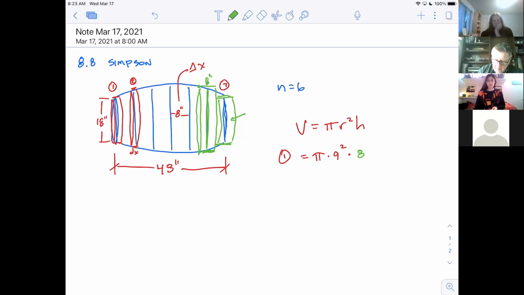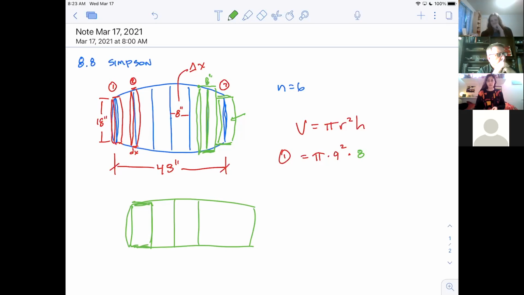In the same respect, a similar idea that I think Caesar was getting at is, if these were my cylinders, then why wouldn't I just make it right there? Oops, that's not the right direction. Why wouldn't I just make it right there? In other words, this is my first cylinder. Does that make sense?